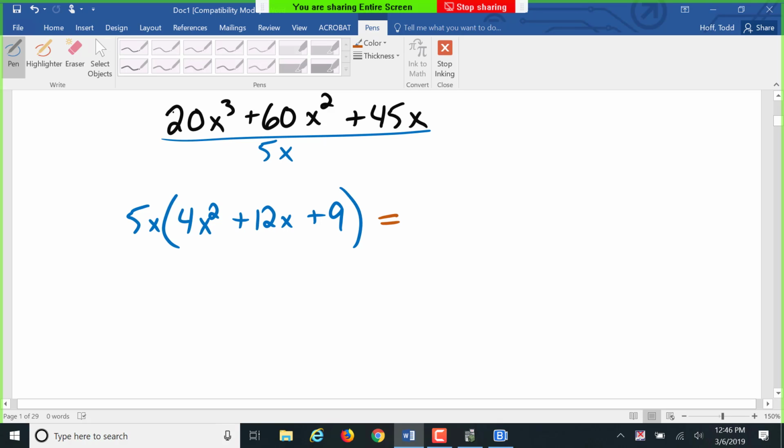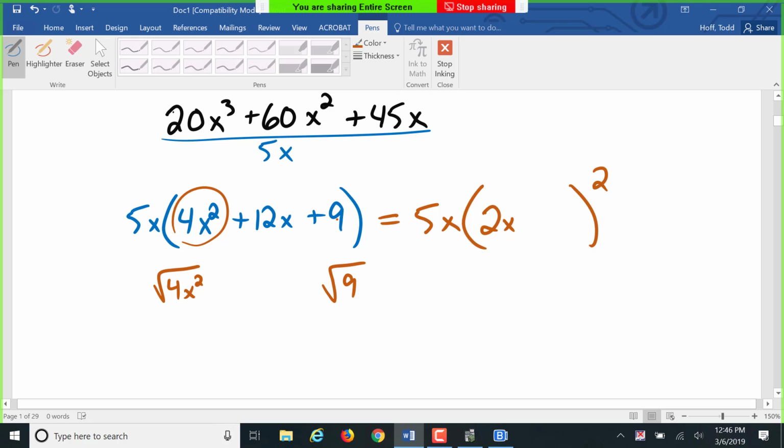So if that is a perfect square trinomial, the 5x is still going to be there. Let's split it up. That first term, 4x squared, what is the square root of 4x squared? 2x, good. Last term is 9. What's the square root of 9? 3. Would this be plus or minus?